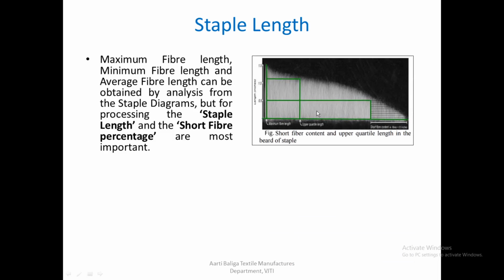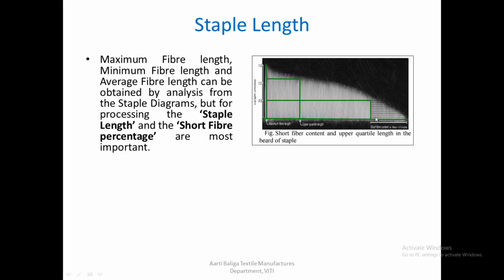So this picture that you see is an actual Bayer sorter diagram, which we have got from a particular tuft of fibers. And as you can see, the fibers have been neatly arranged in the descending order of their lengths. And what you have got is a neat curve here, which is called a Bayer sorter diagram.